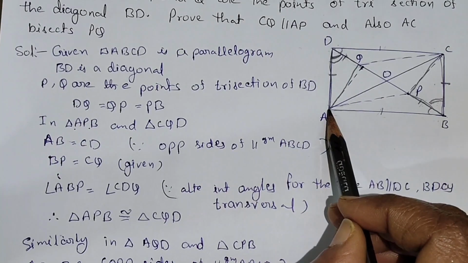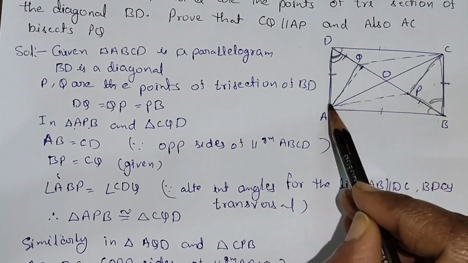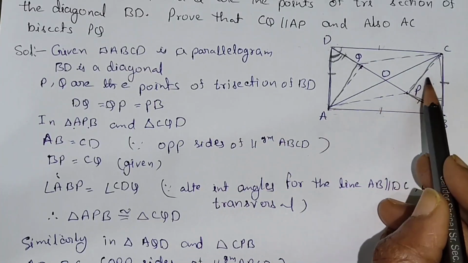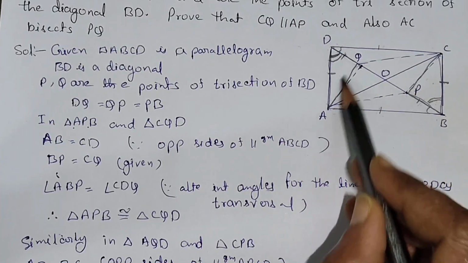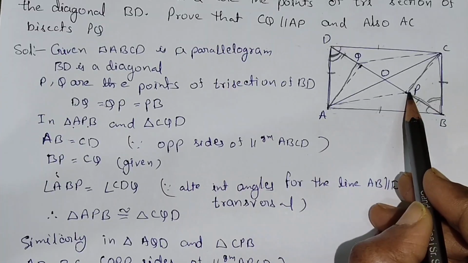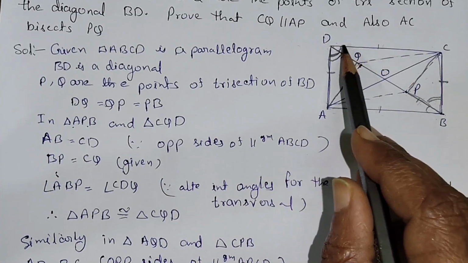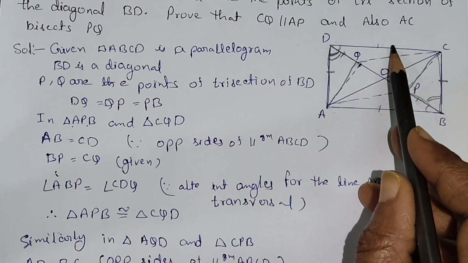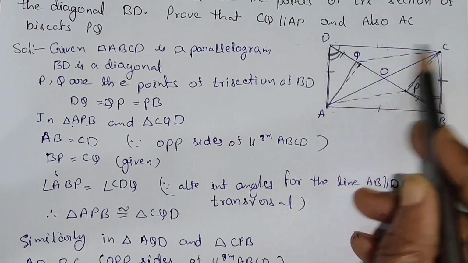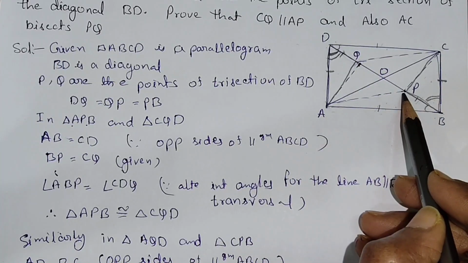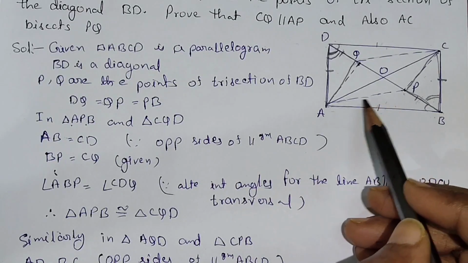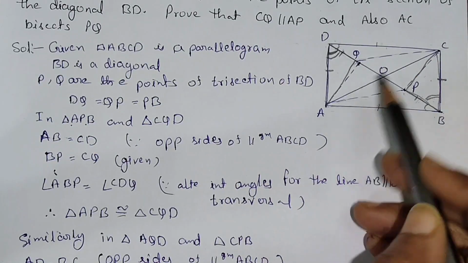Here AQ equal to CP, since these two triangles are congruent and these are the corresponding sides. Same here, QC equal to AP, corresponding parts of congruent triangles. So these two are equal and parallel. So APCQ is a parallelogram.